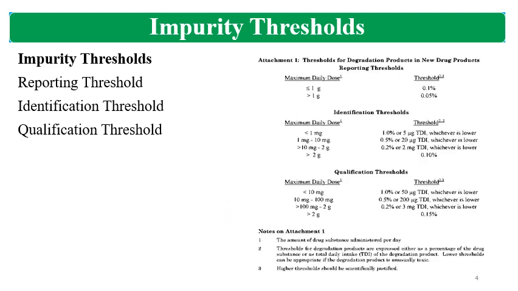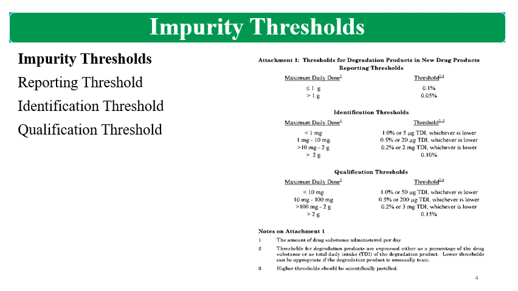Similarly, ICH guidelines give the thresholds for impurity for the drug products, and these are based on to the maximum daily dose. So first is reporting threshold, identification threshold, and then is the qualification threshold. One thing here is to note that identification threshold is for the identification.